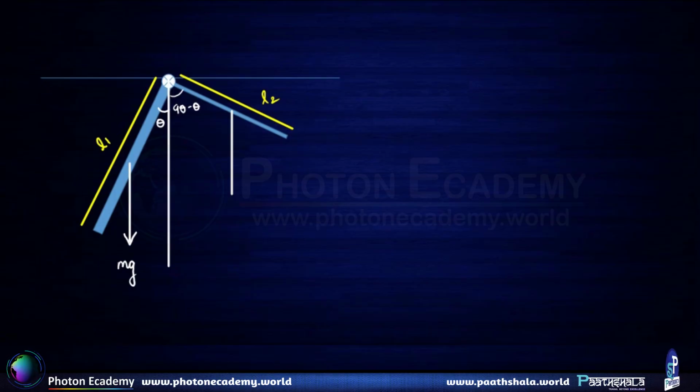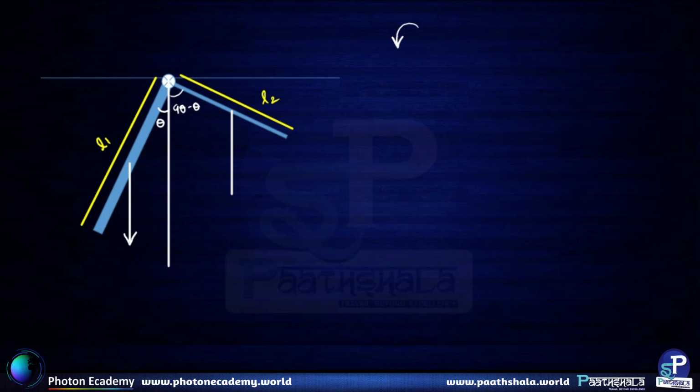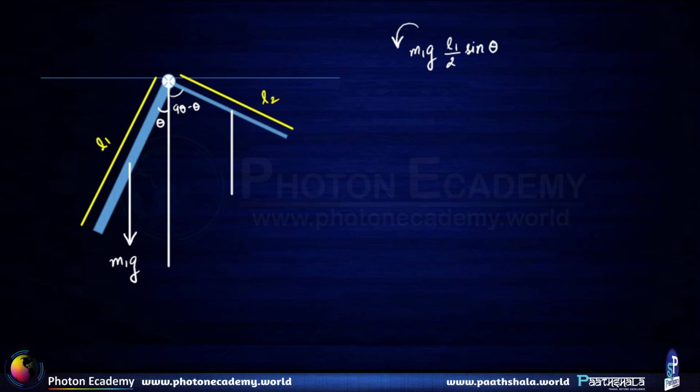So the counterclockwise torque because of the rod M1 and its weight M1G is going to be equal to M1G L1 by 2 sine theta. This is the counterclockwise torque.